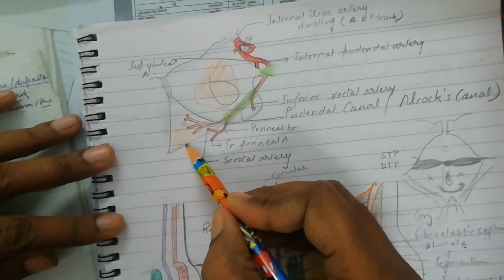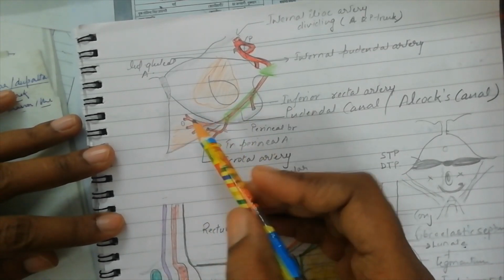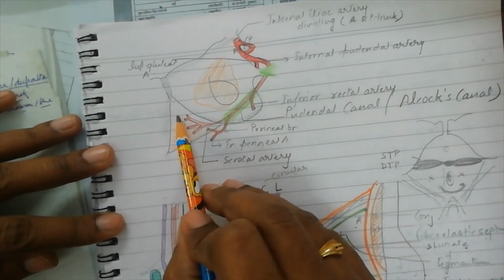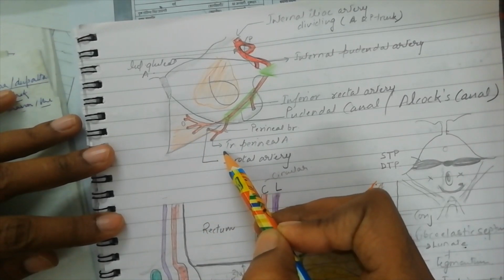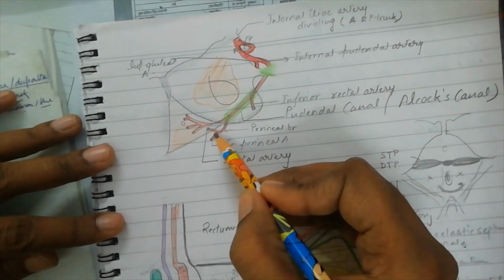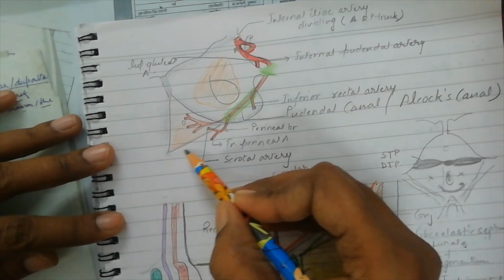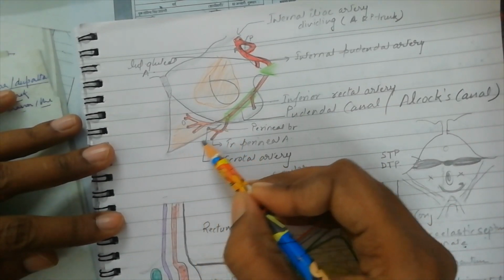This is the imaginary line dividing the perineum into the urogenital and anal regions, and at this line is the location of the deep perineal pouch.